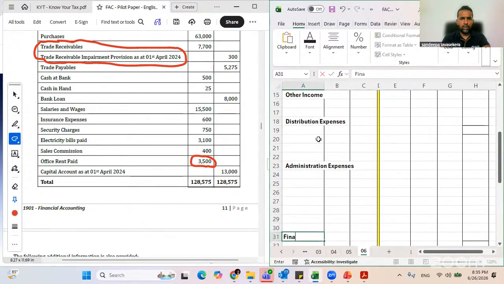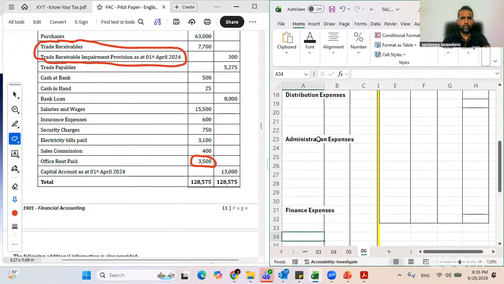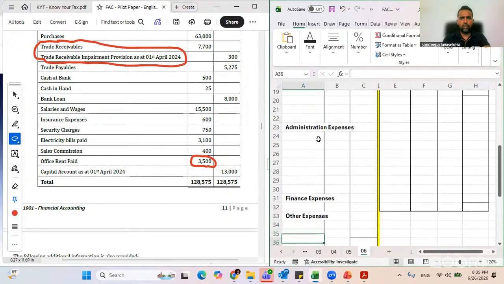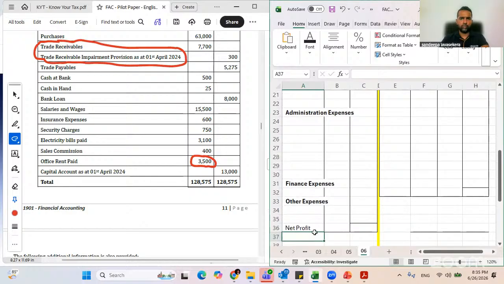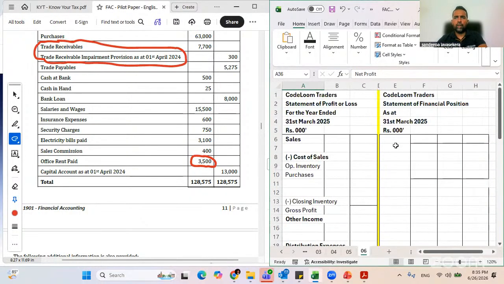Finance expenses. Other expenses. And the net profit. Right. Then you have the non-current assets.